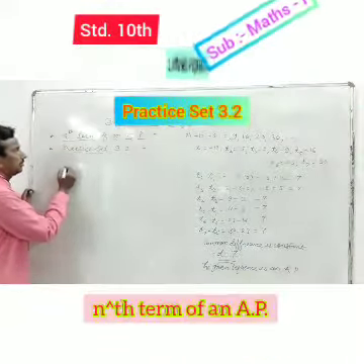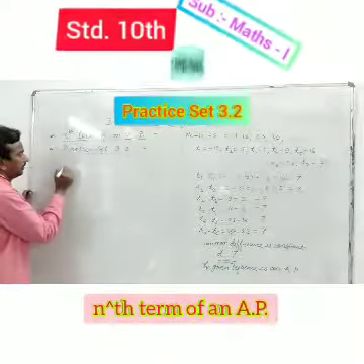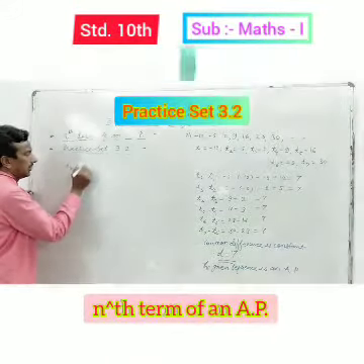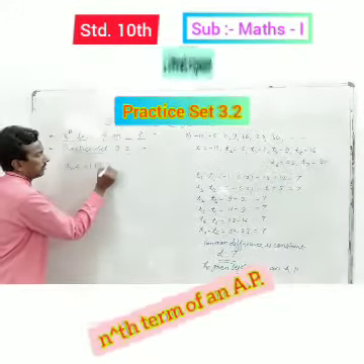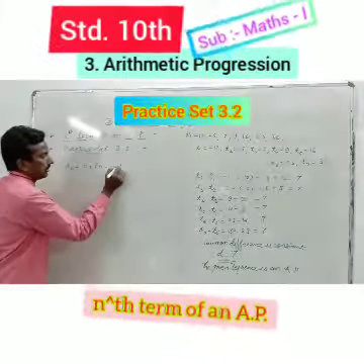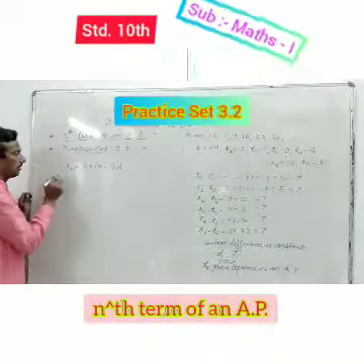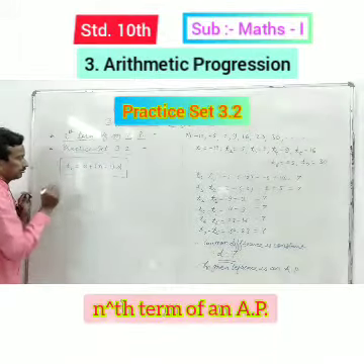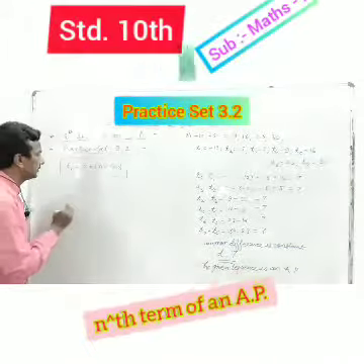For that we have to use the nth term of an AP. The nth term is Tn. Tn is equal to a plus n minus 1 into D. This is the formula for finding the nth term of an AP. Then put the values.